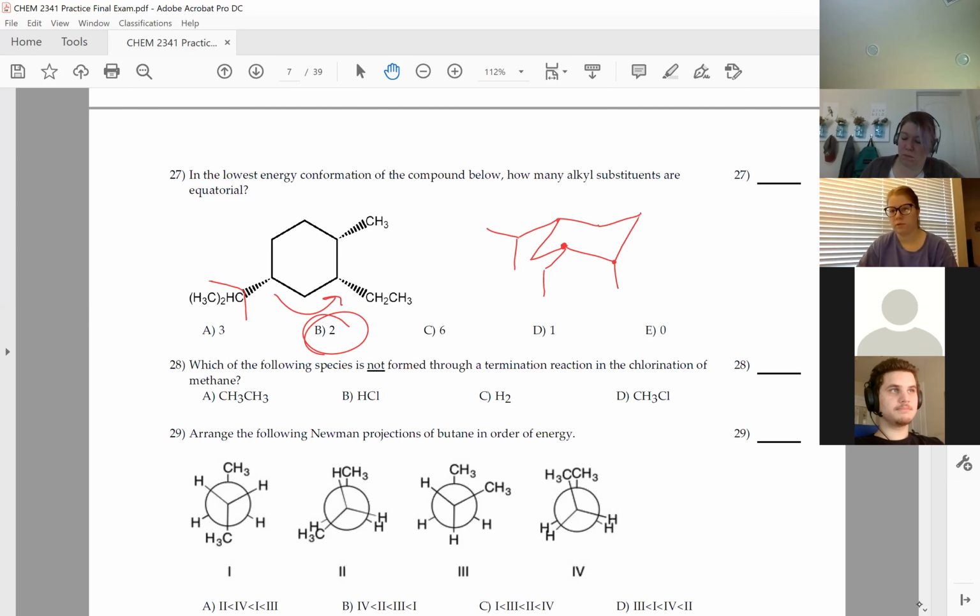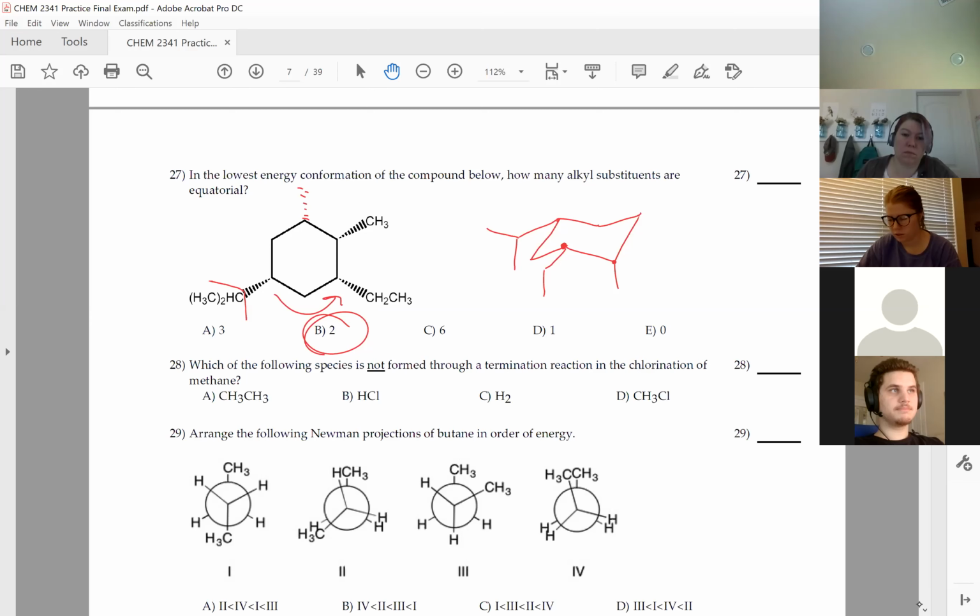A lot of times students answered 3 on this one because they're like, well, ideally, all of them would be equatorial. Yes, ideally they all would be, but they cannot all be equatorial because they're cis and because of the number of carbons between them. If the methyl group had been over here, then yes, they could all be equatorial, but that's not the case.